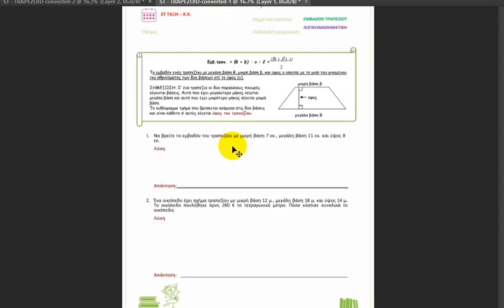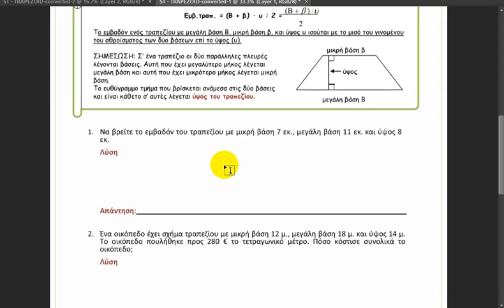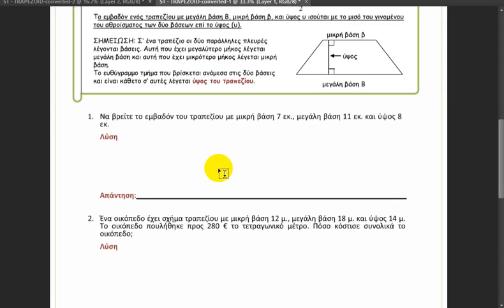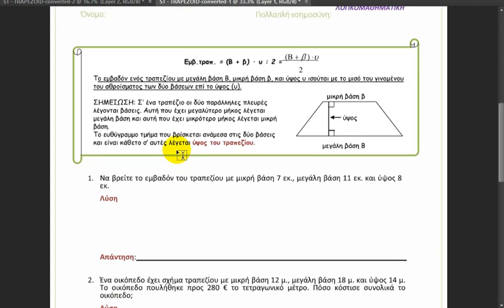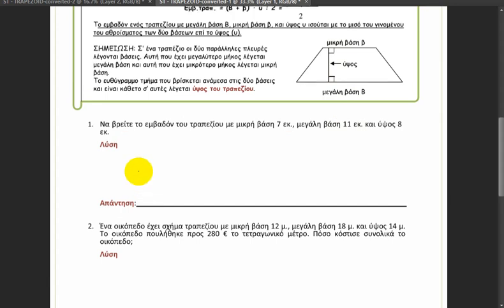Next up, we have the trapezoids. Here we have a trapezoid that has a small side of 7 and a long side of 11 and a height of 8. To find its area, I'm going to need to add the two sides.